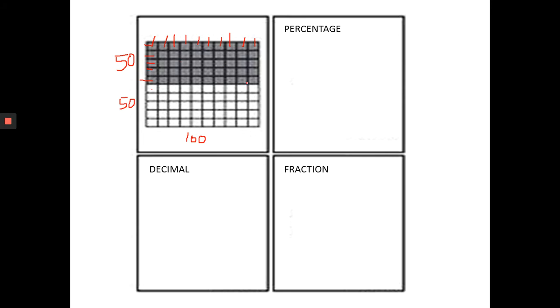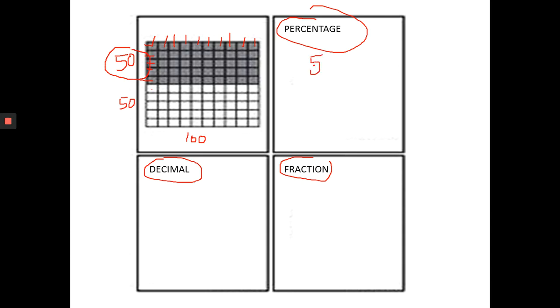But let's take a look at the percentage, the fraction, and the decimal of this diagram. Okay, let's start with the percentage. What is the percentage of the black squares in this diagram? As we counted, there are 50, right?